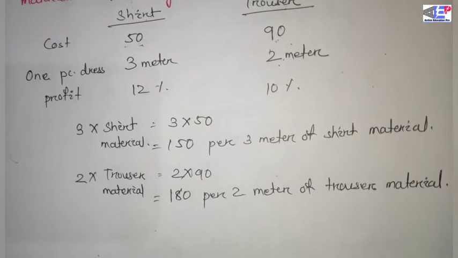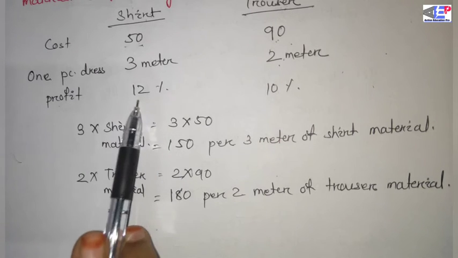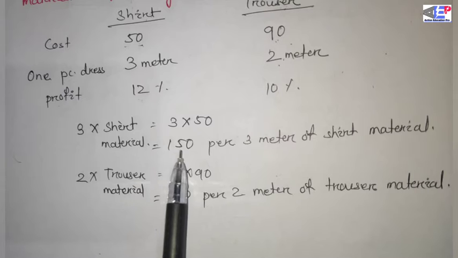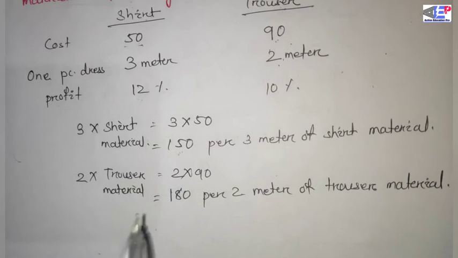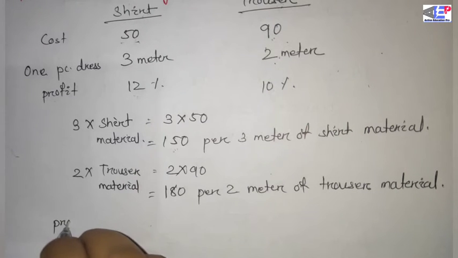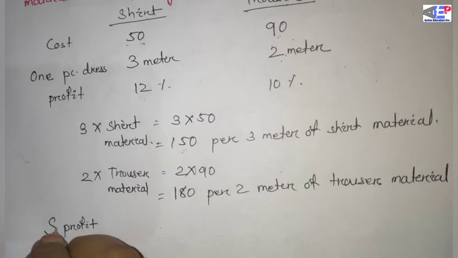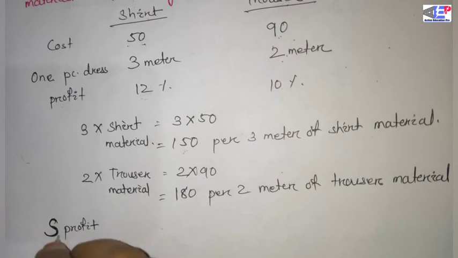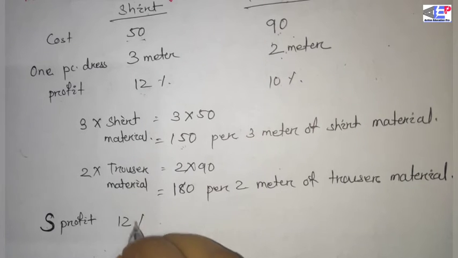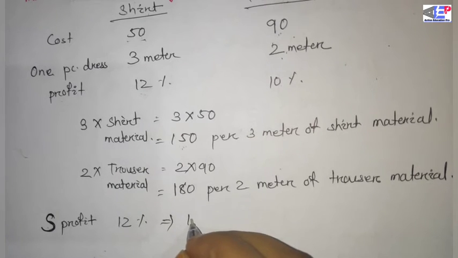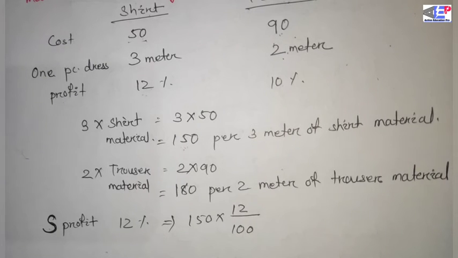Then he makes a profit of 12% on shirt material. Here I denote it with capital S for shirt. Profit on shirt 12% means 150 into 12 by 100.